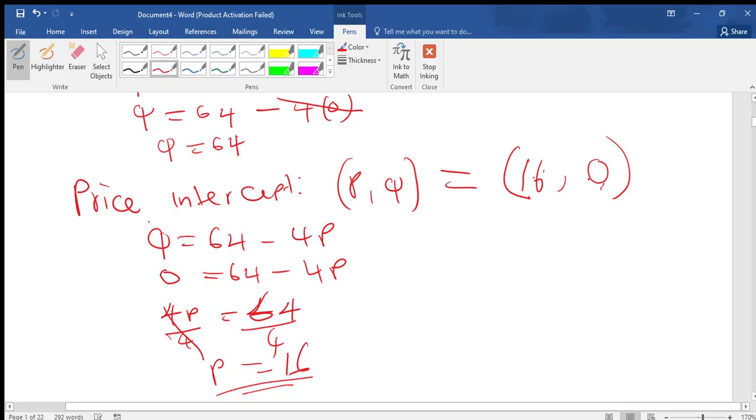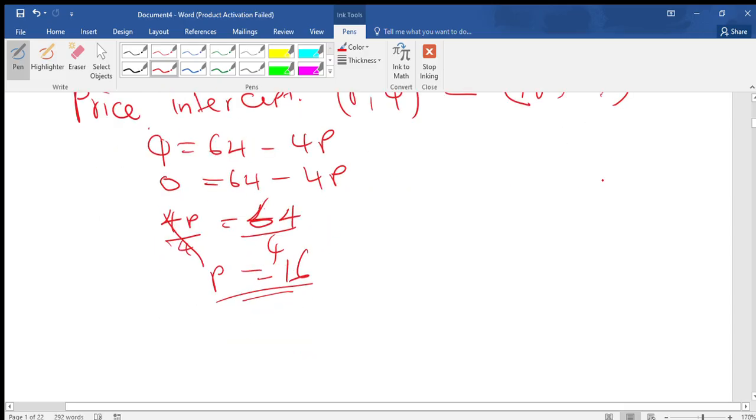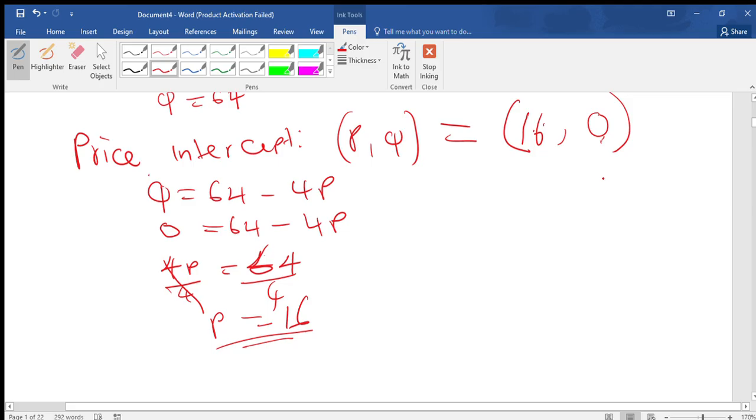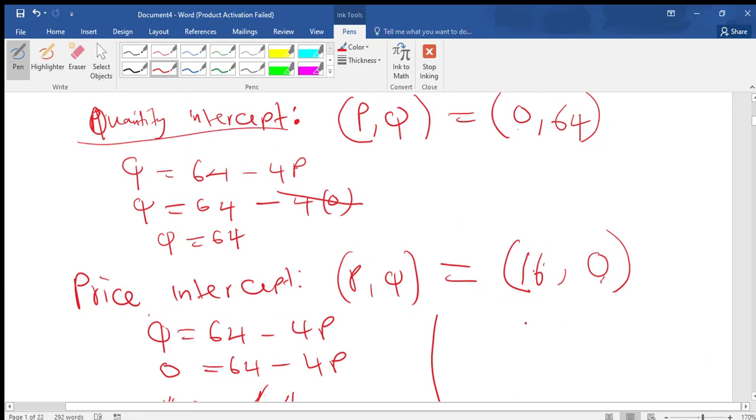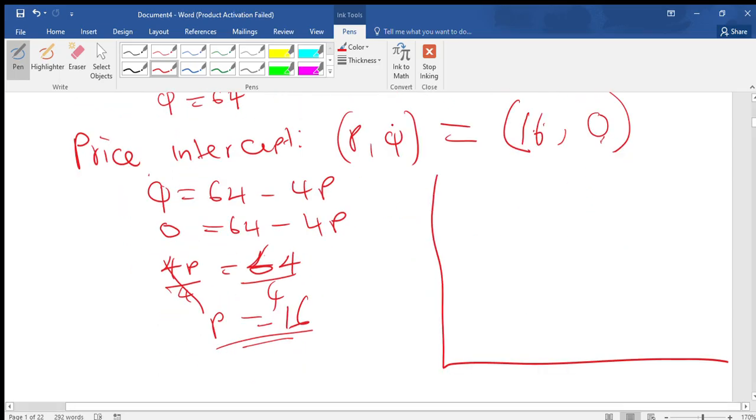So now, how will the sketch look? With this particular point, you are now able to sketch your graph, the y-axis and the x-axis. Remember, since our equation is in the form where Q is the subject, we take the y-axis, the vertical axis, to be the quantity axis, and the x-axis will be the price.